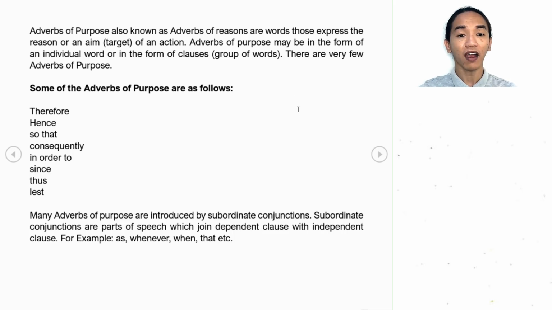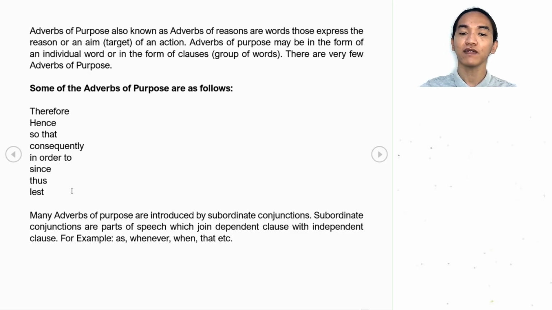There are very few adverbs of purpose actually. So this is not a very famous or common type of adverbs that we know of, but as you can see, we are actually using these adverbs very commonly, right? So examples here are therefore, hence, so that, consequently, in order to, since, thus, and lest.